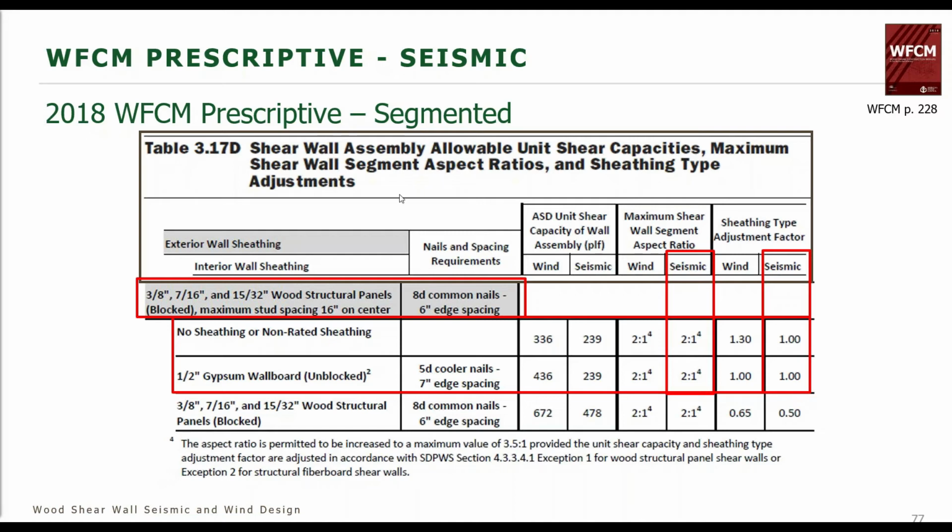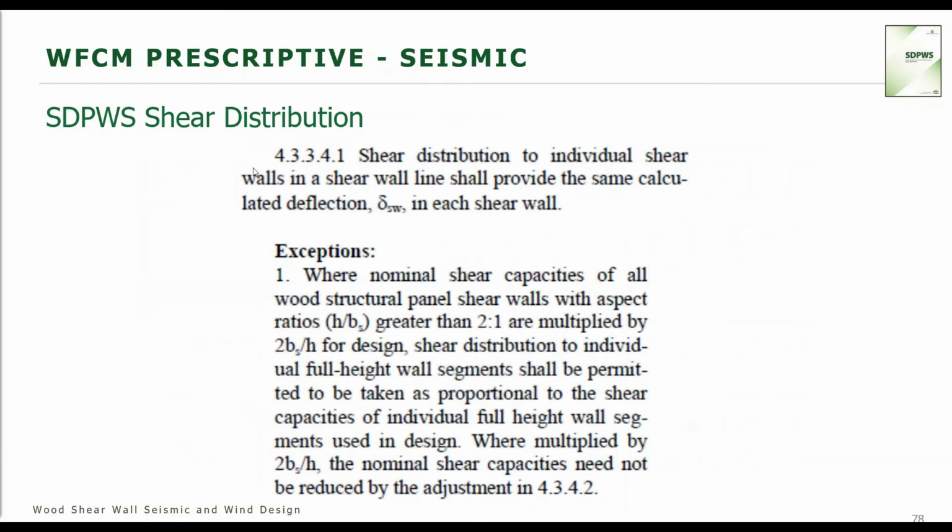Now, the aspect ratio, Lori went over this previously, but the same thing applies: we are at 2:1. If we're greater than 2:1, then we need to adjust it based on the wind and seismic provisions by 2B over H. Here's a section straight from the wind and seismic provisions that states this.